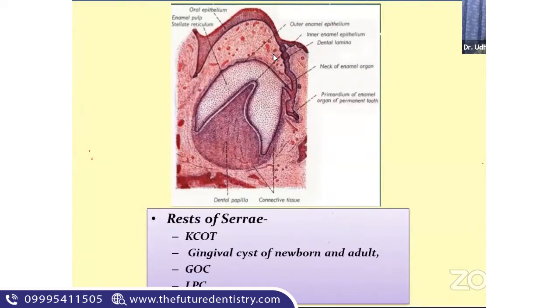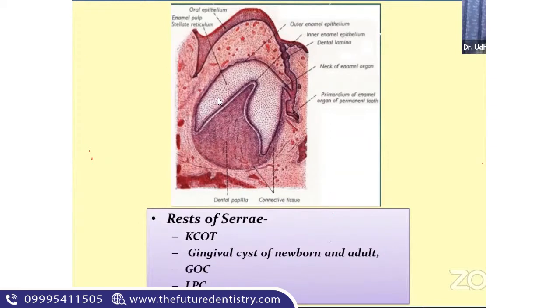Dental lamina. Now the distal end of the dental lamina gives rise to what is known as the tooth bud. The tooth bud at a later stage gives rise to enamel, dentin, and the whole tooth as we know it. That's why it's called the tooth bud.